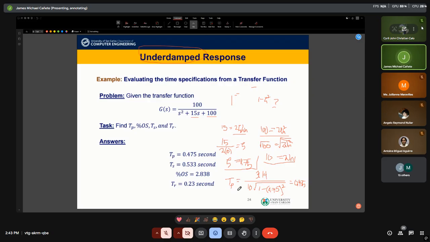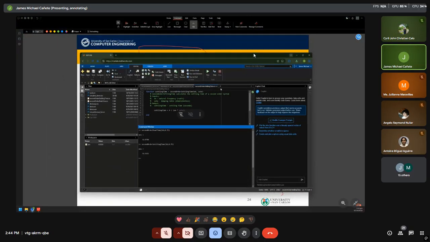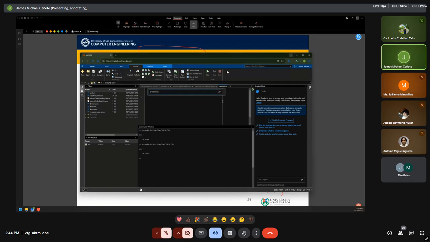You cannot solve these formulas without a scientific calculator, or you can use MATLAB to solve all of these, like what we did earlier. So if you take MATLAB, create a new function, you can do vibe coding like I did earlier: Control Shift P, ask Copilot to solve for the rise time of a second order system.